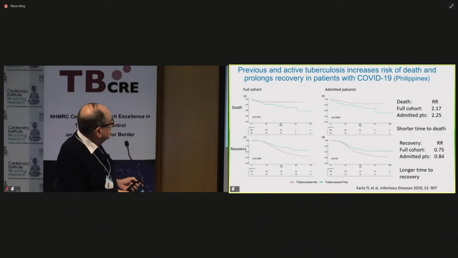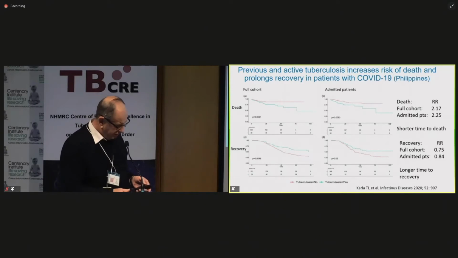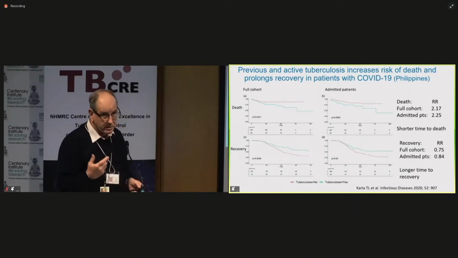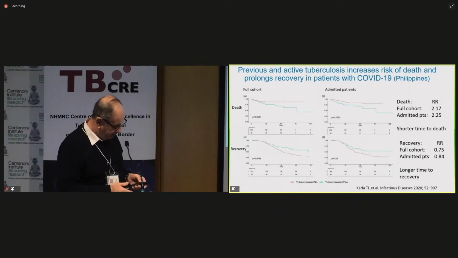And you can see in the green line compared to the red line, both for outpatients and admitted patients with tuberculosis, there was an increased risk ratio for death, but also actually a longer time to recovery, shown in the bottom part of the slide, where there was delayed recovery of patients with tuberculosis from COVID.